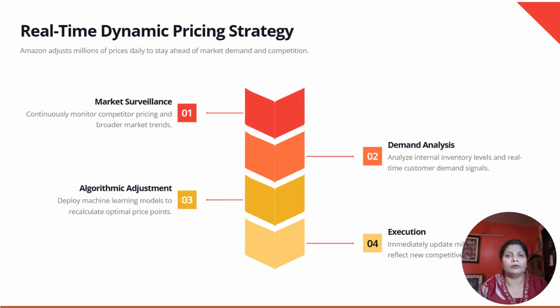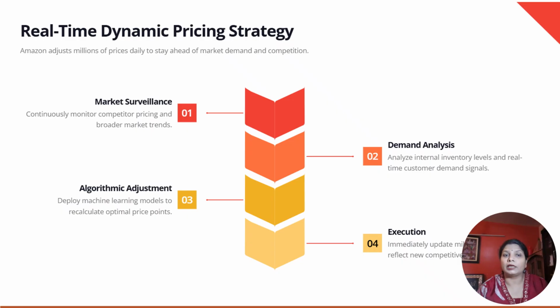The third step involves algorithmic adjustments. That's very, very important. Machine learning models are deployed to recalculate optimized price points by balancing demand, competition, and inventory constraints. This model operates continuously and adapts as new data arrives. And the final step is execution.